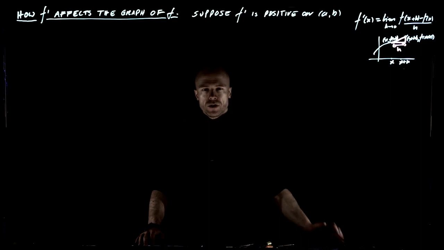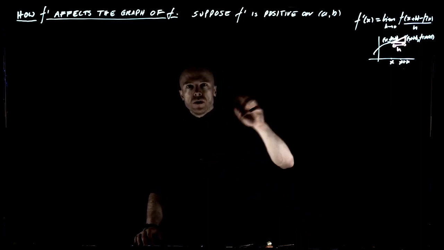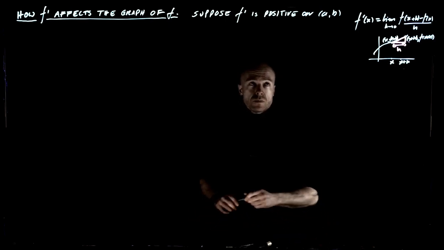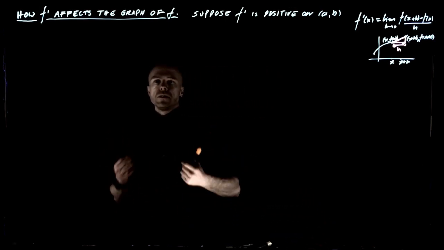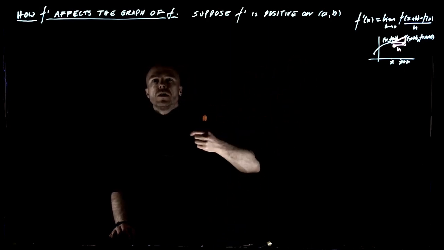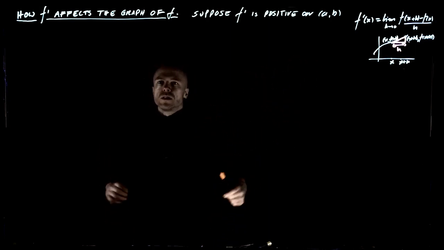Its position away from its start point is always increasing. So we know this is a fact: if the derivative is always positive, then the function is always increasing on that interval.